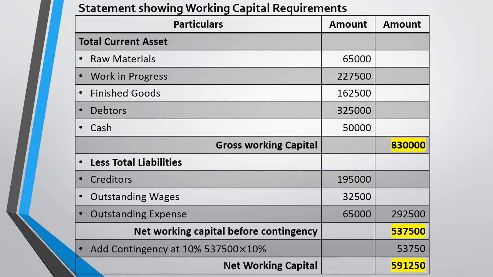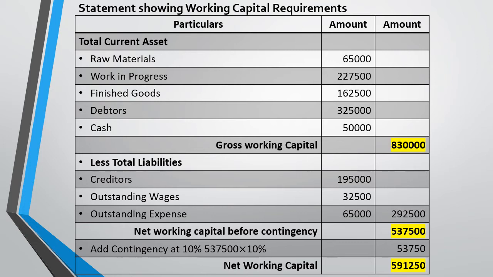Once you get this 5,37,500, in the question it says that you have to add contingency at 10%. So to add contingency at 10%, you have to take the net working capital before contingency, that is 5,37,500, and multiply by 10%. So you'll be getting 5,91,250 will be your net working capital.